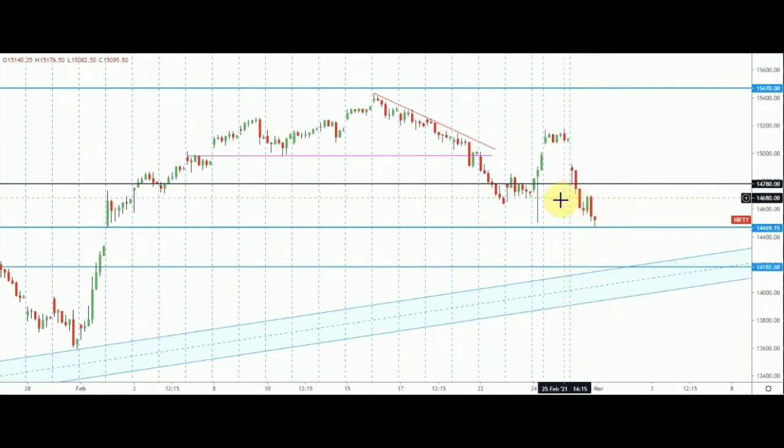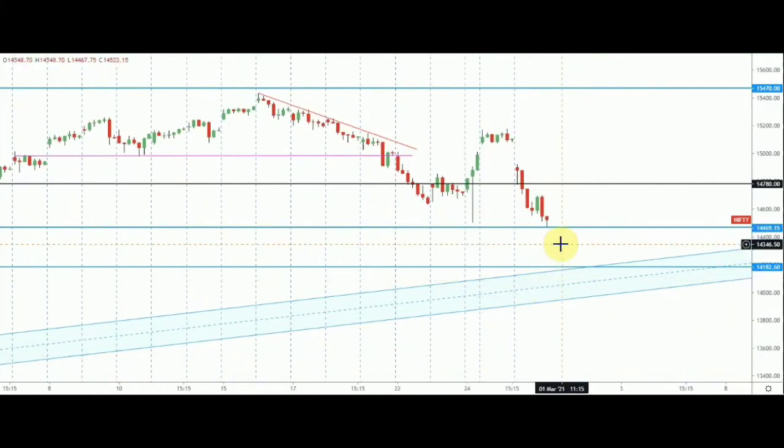For the last 3 days, there was a lot of roller coaster movement in Nifty. The day before yesterday, that was on Wednesday, it made a low which was around 14,488, 14,490.